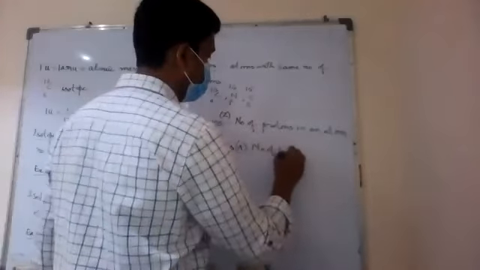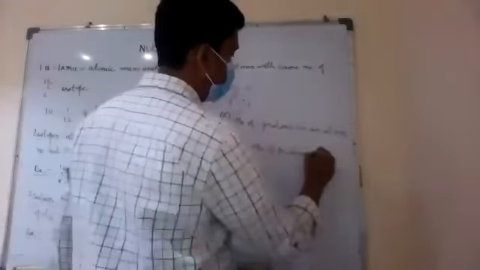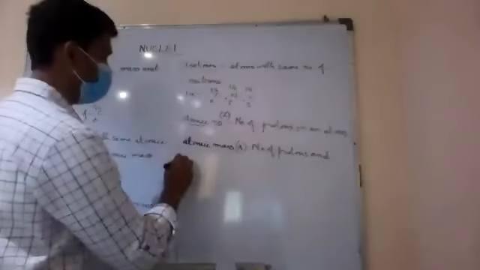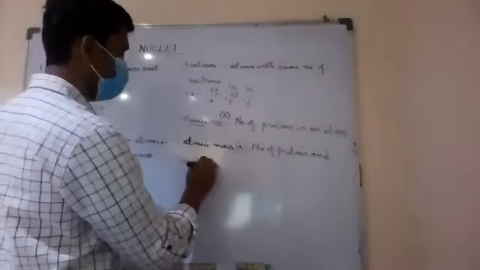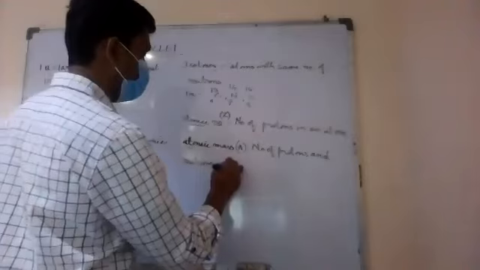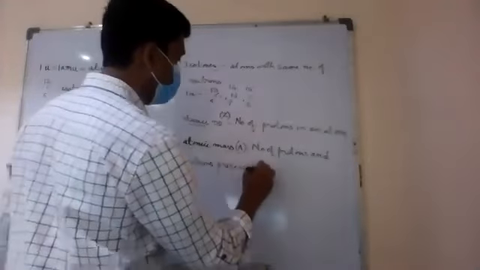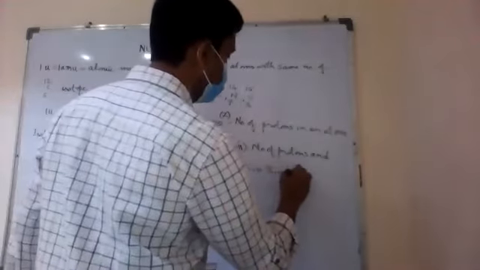Number of protons and neutrons present in the nucleus is said to be atomic mass. Atomic number is the number of protons in an atom; atomic mass is the number of protons and neutrons present in the nucleus.